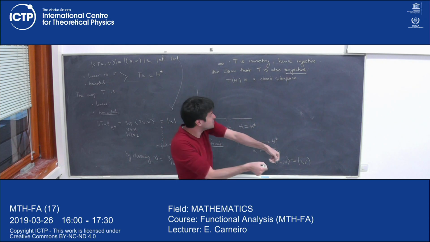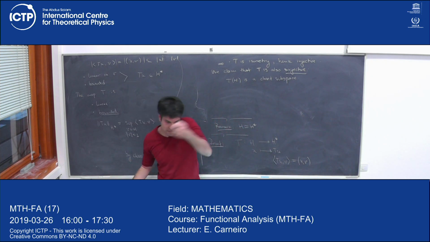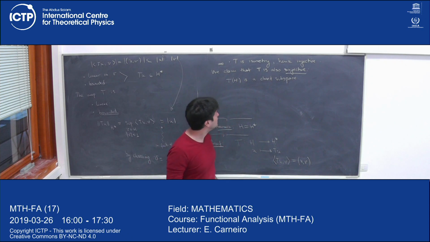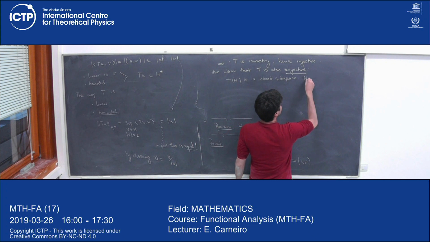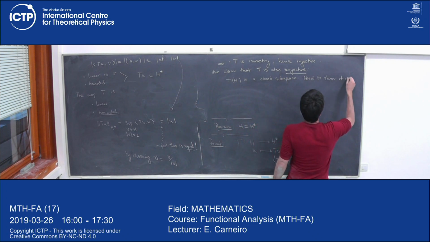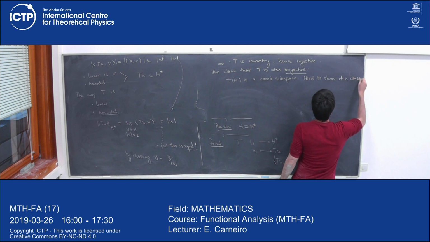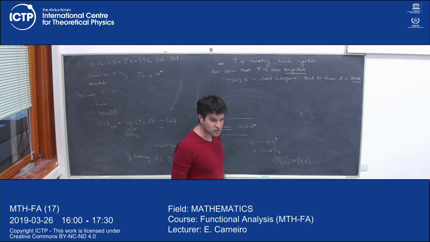If things converge in the image, you bring them back to the original, and they converge there, therefore the image is closed. So to prove that it's surjective, you just need to show it is dense. If you have a closed and dense set, then it is the whole space.